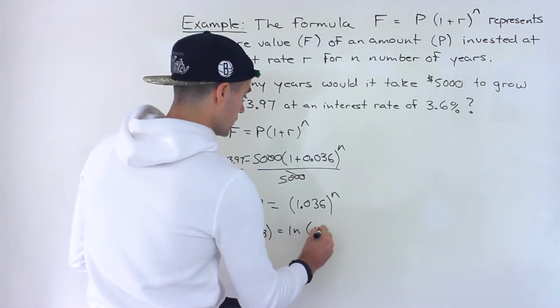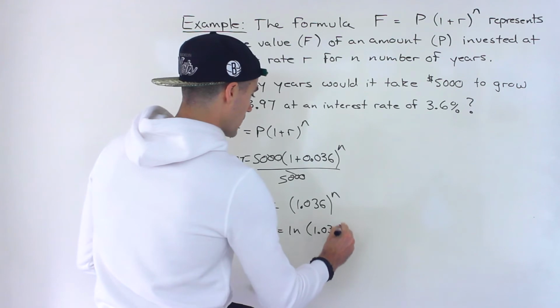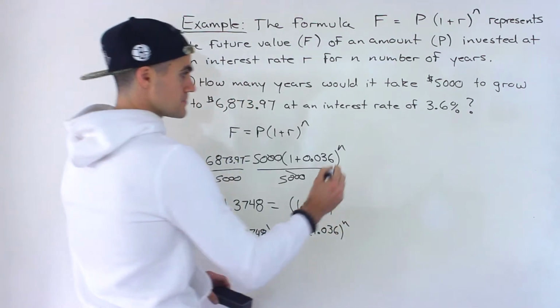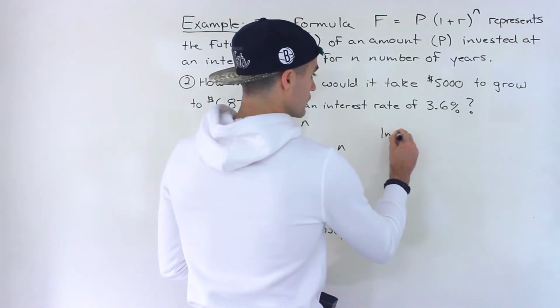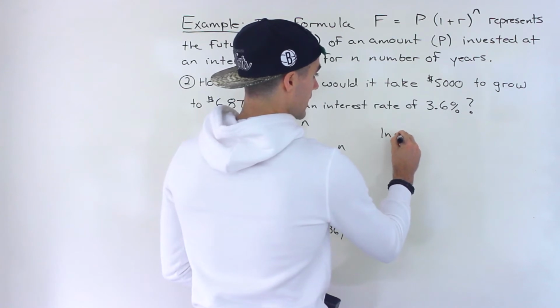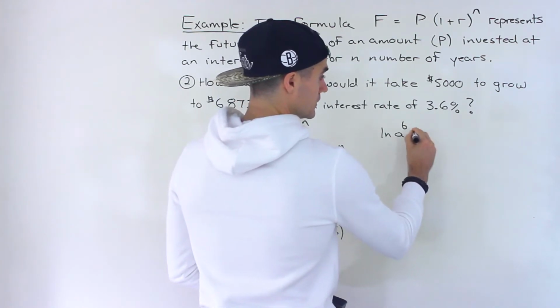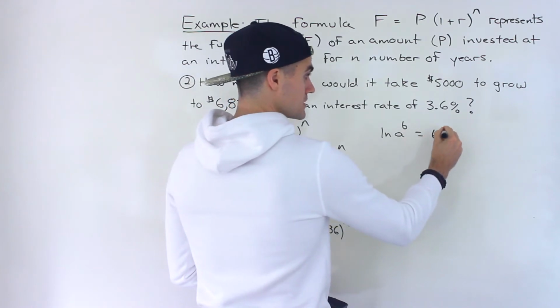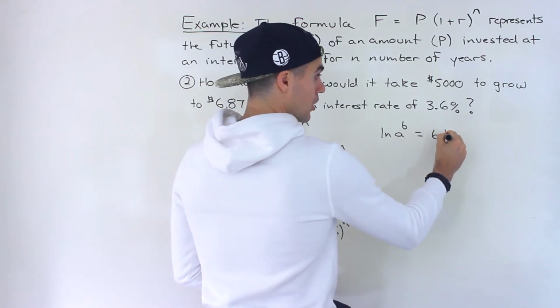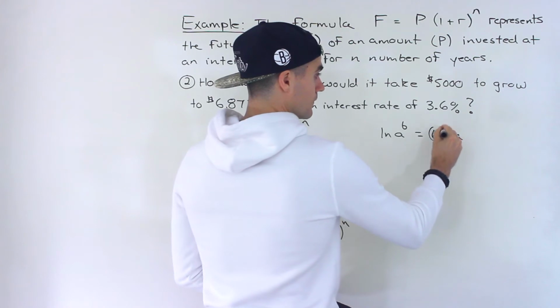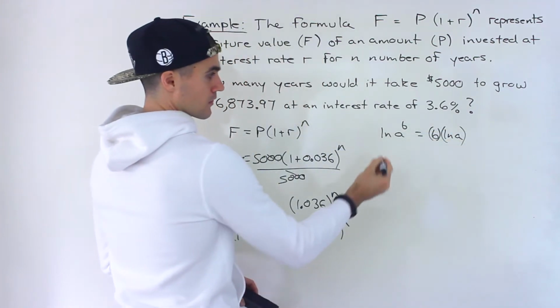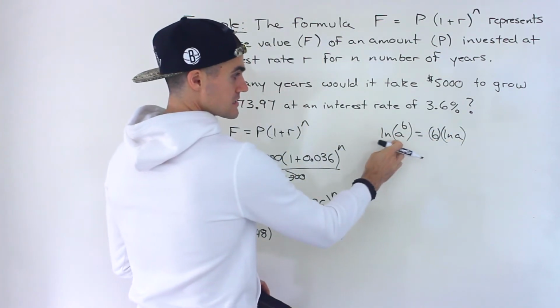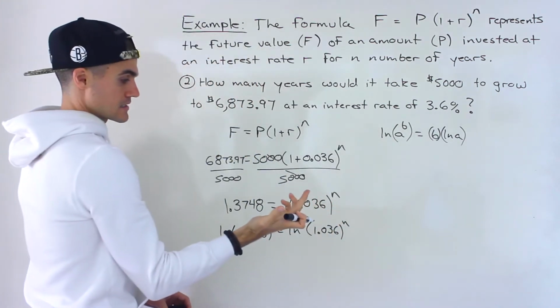So if you remember your logarithmic rules, the reason why we want to do that is because whenever we have the logarithm of, let's say, a to the power of b, we can bring that exponent down. That's the same as b times ln a. Right? This is the same as this.